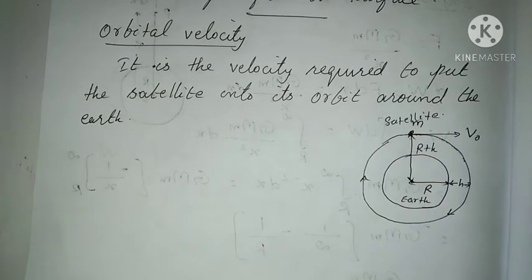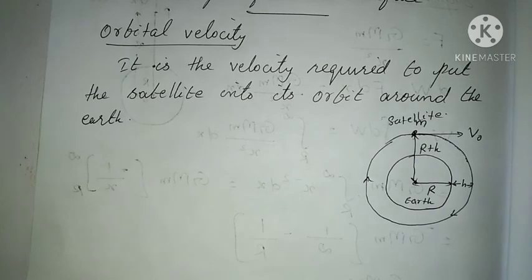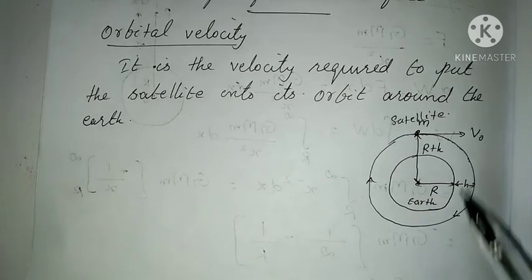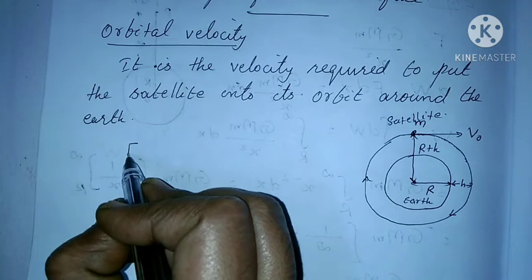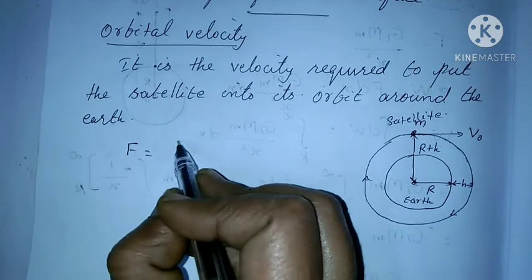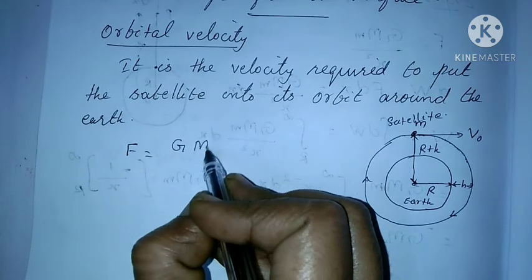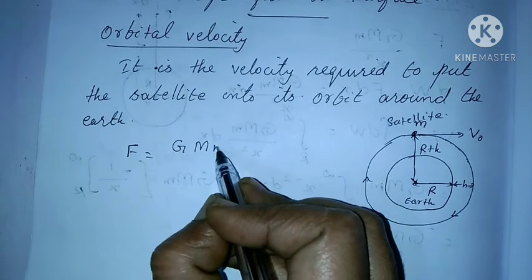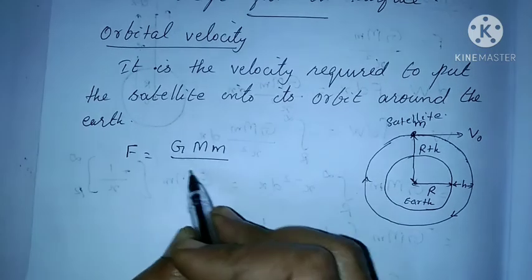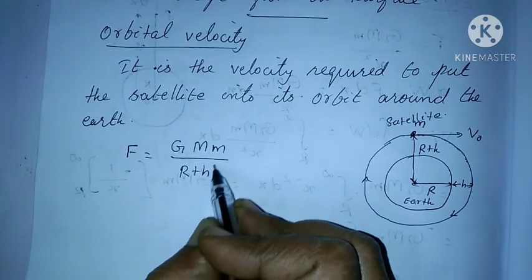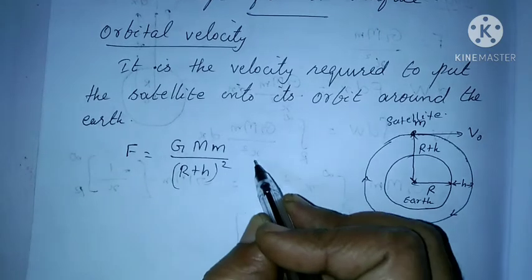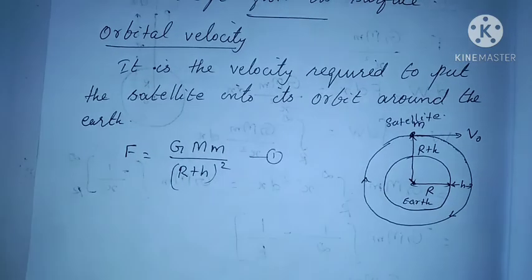Then according to the law of gravitation, the force of gravity on the satellite is F equal to G into capital M, that is the mass of the Earth, into the mass of the satellite, divided by the orbital radius the whole square, that is (R plus h) the whole square. That is equation number 1.